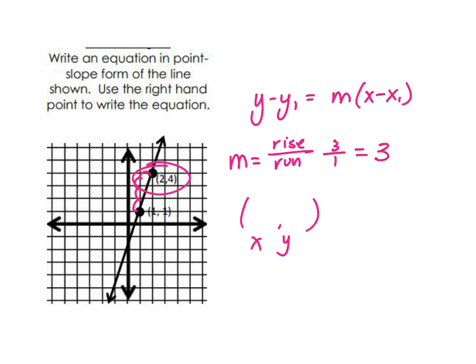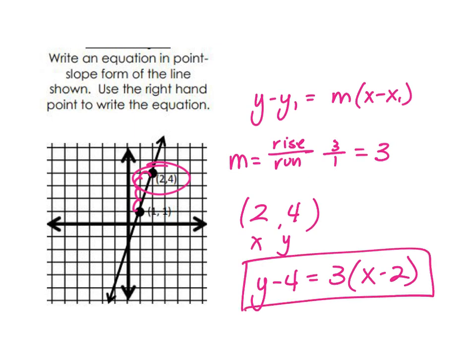So our slope is 3. The point that's to the right is 2, 4. So when I write my equation, this would be y minus 4 equals 3 times x minus 2. So this equation would match that graph.